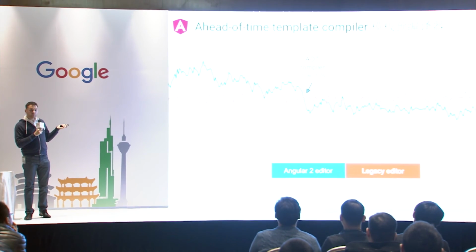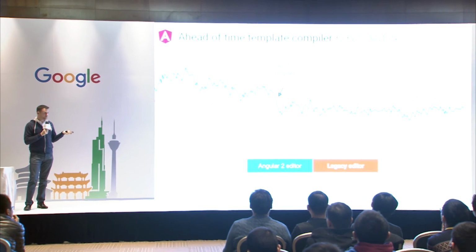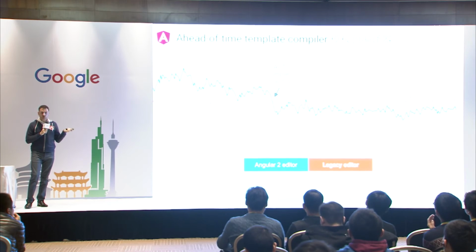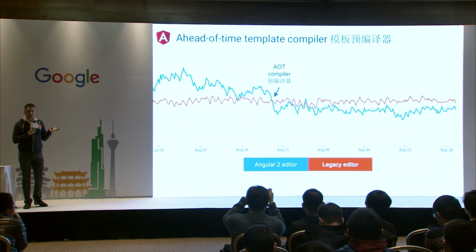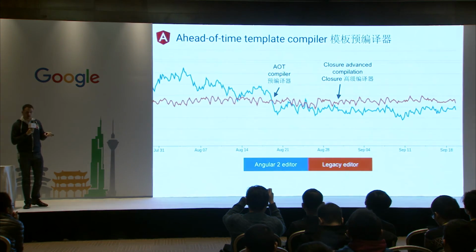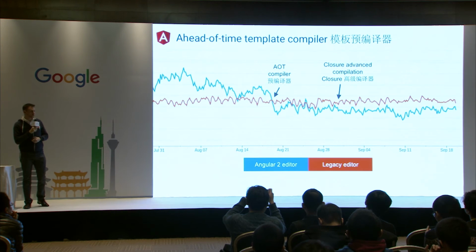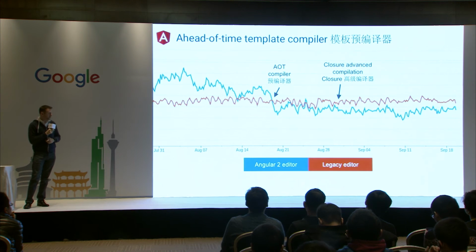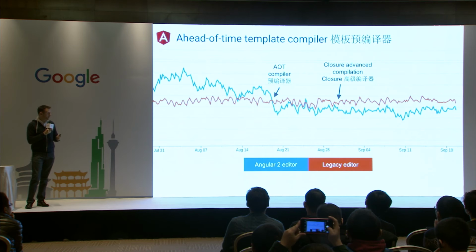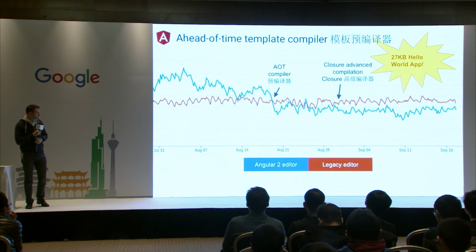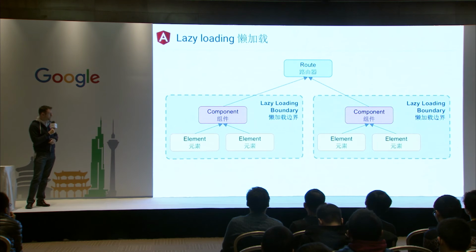And so they were benchmarking against their legacy editor, and when they added ahead of time compilation, they almost always got ahead of the legacy editor, but then when they combined the ahead of time compilation with something called Closure compiler, and that's optimization that comes from Closure, they were able to get always consistently better than their legacy editor. And then they were also able to get a bundle size down to about 27 KB for a small Hello World application.